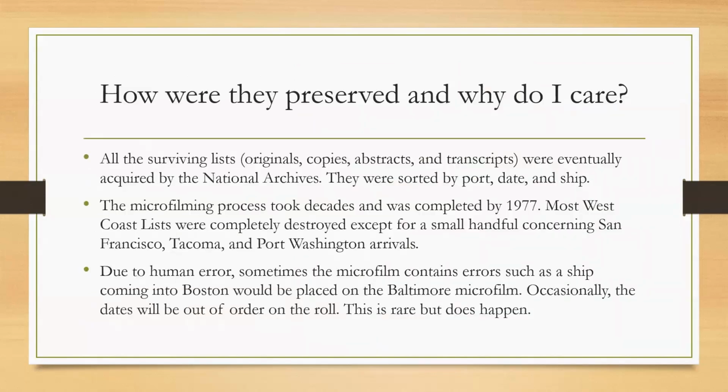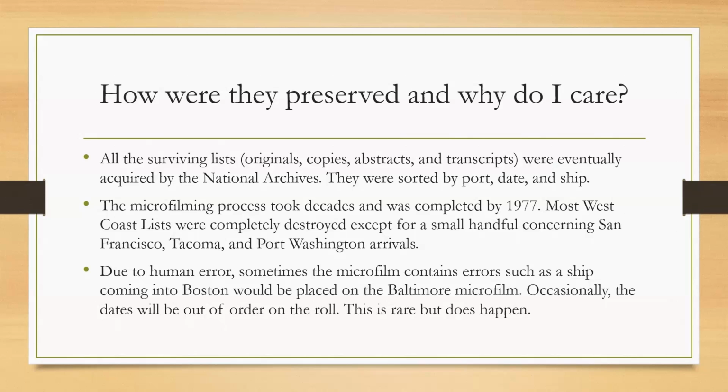All right. How were these lists preserved and why do I care? Well, this is incredibly important. The key to success is mastering the microfilm and the databases, right? So all surviving lists, originals, copies, abstracts, and transcripts were eventually acquired by the National Archives from their various repositories.